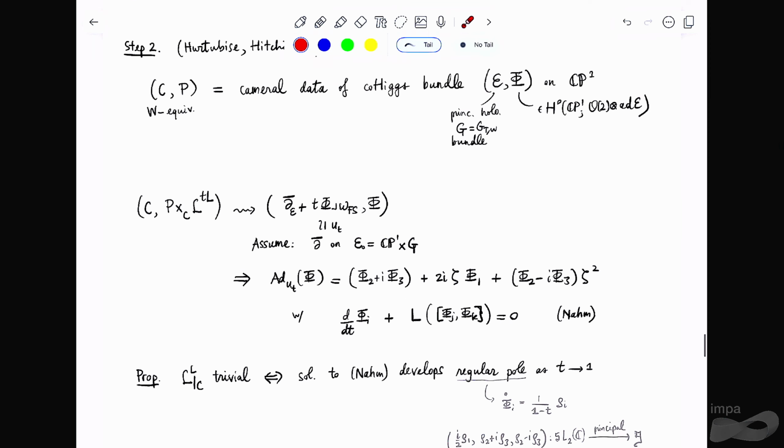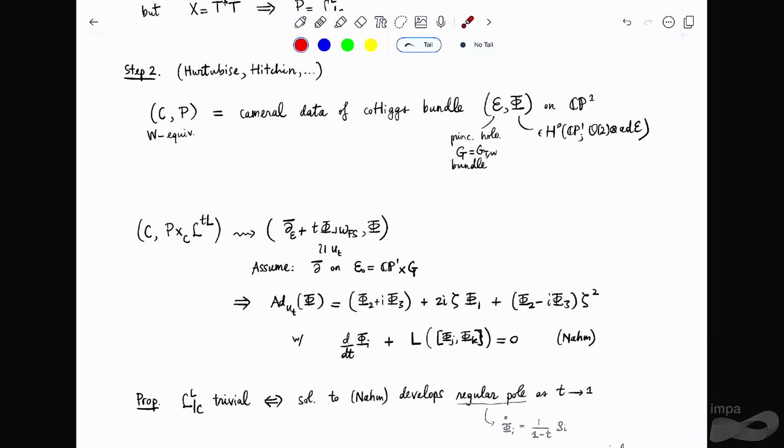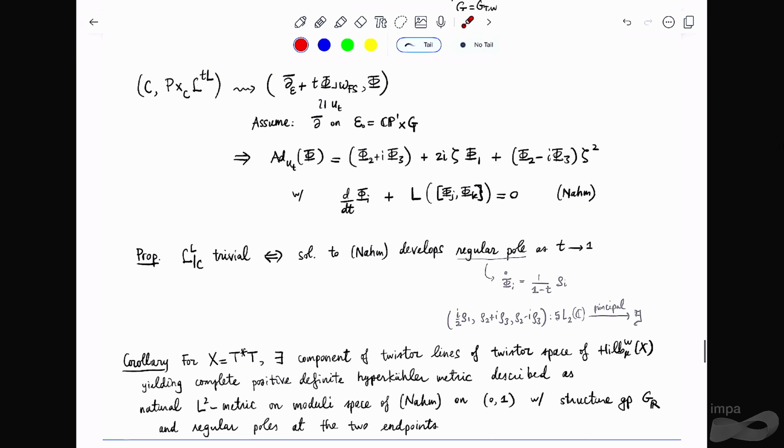In general, the difficulty is that these spectral curves need to satisfy some triviality condition, meaning that a certain principal torus bundle needs to be trivial, and that depends on the hypertoric variety. There is a proposal of how to understand this condition, but it's not very satisfying except in concrete situations.